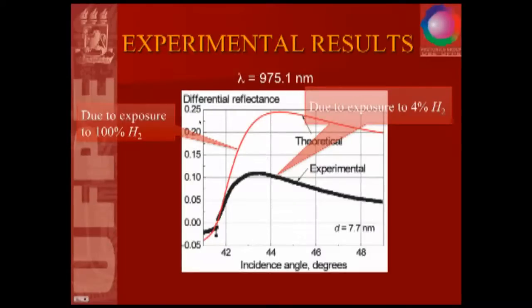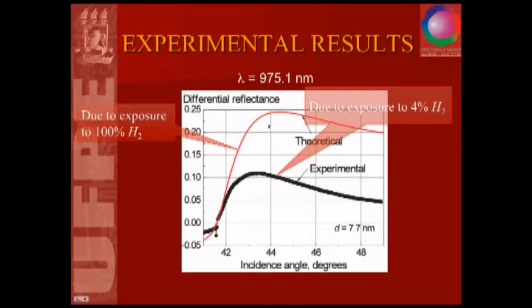These are the results for the differential reflectance, that is, the reflectance after exposure to the gas subtracted from the original reflectance. This is for reference, because we only have at most 4% of hydrogen in the mixture, and our theoretical prediction is calculated for 100%. We have put those two curves together for a comparison.